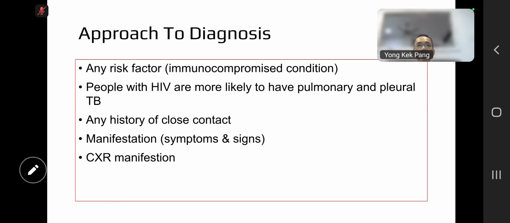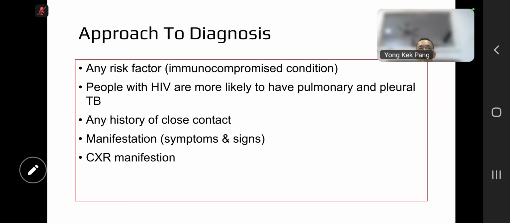We know that TB or pleural TB is much more likely to be reactivated in immunocompromised conditions or so-called patients at risk. And one of them is people with HIV, you know that they are quite significantly immunocompromised. People with HIV are much more likely to have pulmonary as well as extrapulmonary TB.